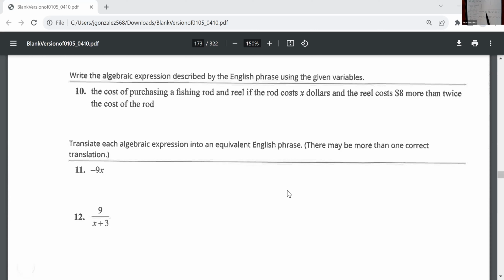You agree that I'm doing the rod? Let's start there.